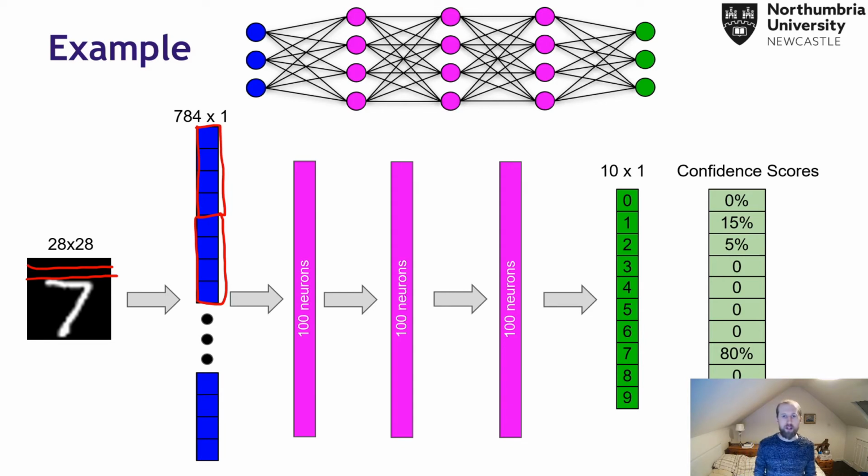You can pick as many neurons as you want, try lots of different things. The neurons in layer 1 don't have to be the same as the number of neurons in layer 2. This one can be 100, and then this one can be 5, and then we can go back up to 100 if you want. It's completely up to you. Try lots of different things, see what works best.